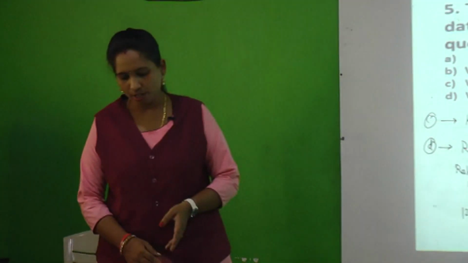So here we have completed our exercise 4.8. In this way, today we have completed our 4th chapter, that is Time. So what is your home assignment today? Some examples I have solved from exercise 4.8. Some examples you are going to solve on your own today itself in the rough book.